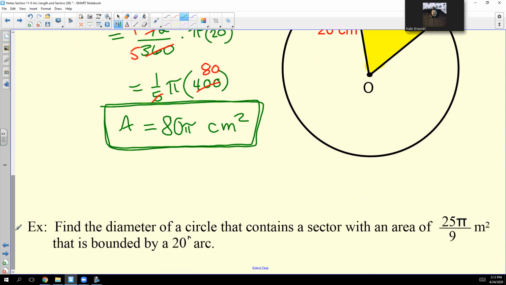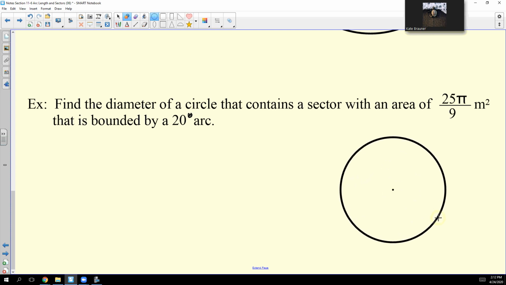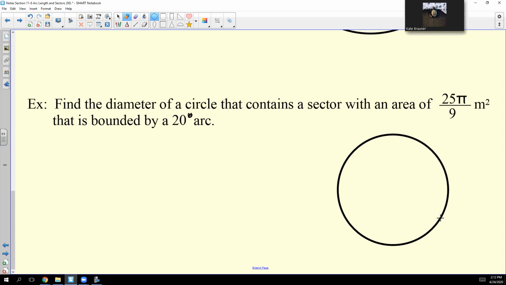All right. Let's try one more, a little bit different. We want to find the diameter of a circle that contains a sector with an area of 25 pi over 9 meters squared, and it's bounded by a 20-degree arc. So again, for some of us, it's a good idea to make a visual, right?